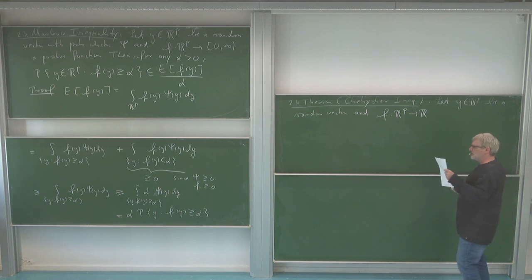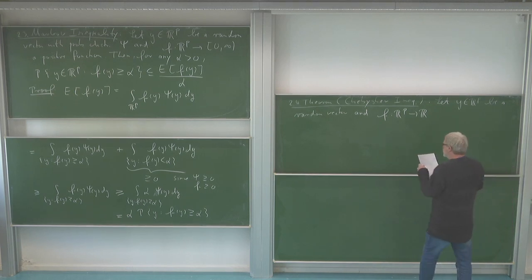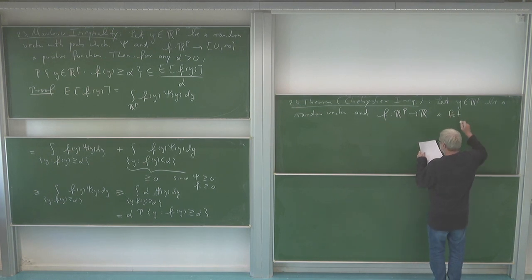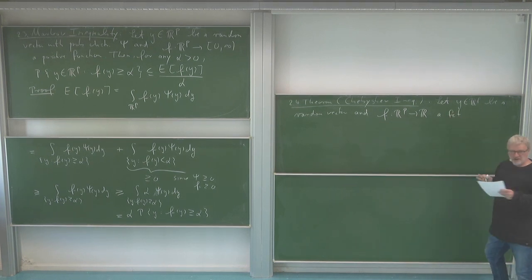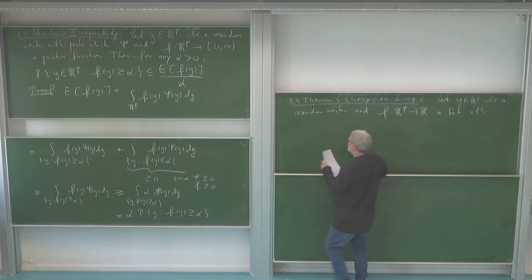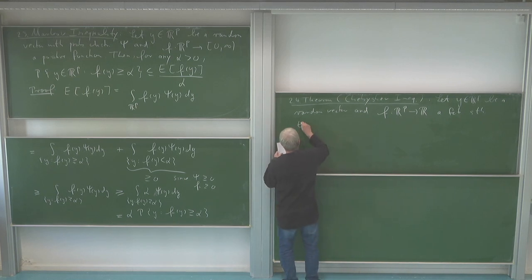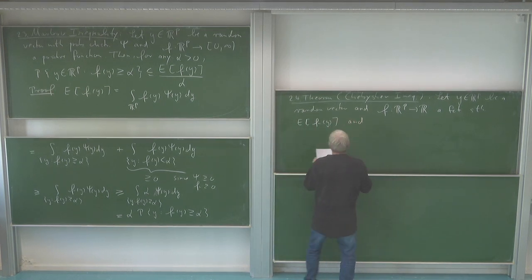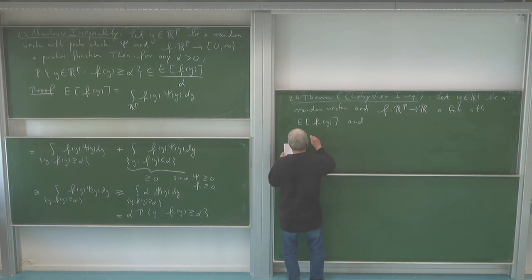Now it can be an arbitrary measurable function, and I assume that the expectation and the variance of it are finite. So the average, the mean, the expectation of f of y is finite, and then also the variance. I denote the variance by v, the variance of f of y.